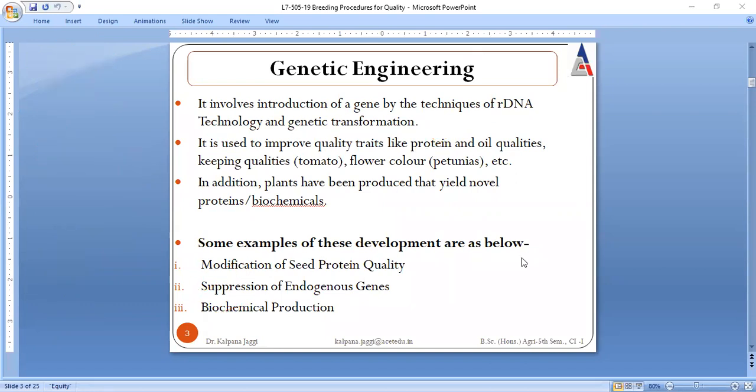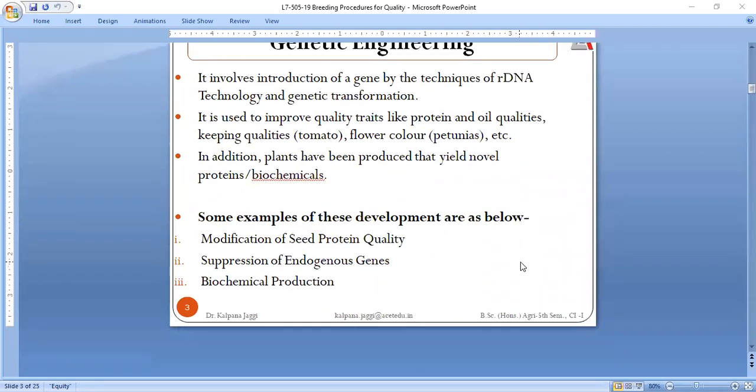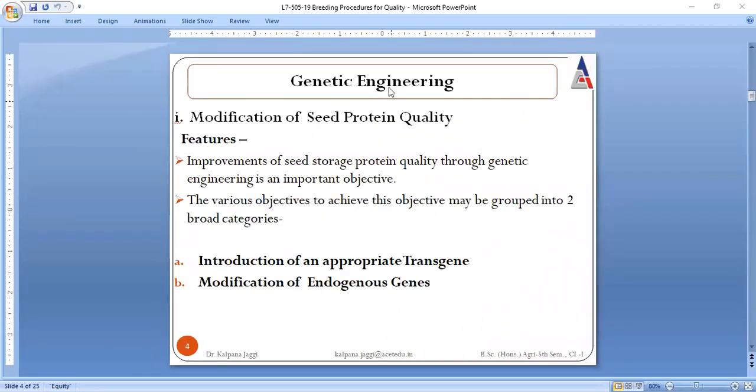So here I go with the very first method under genetic engineering, and that is modification of seed protein quality. The name itself says it: modification means improvement. Here we are going for the improvement of proteins, because these are the seed proteins, the proteins which are stored in the seed.